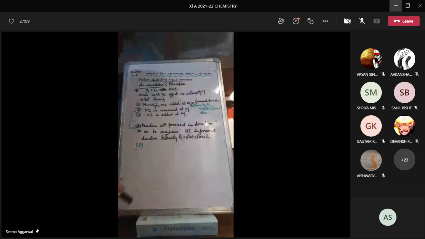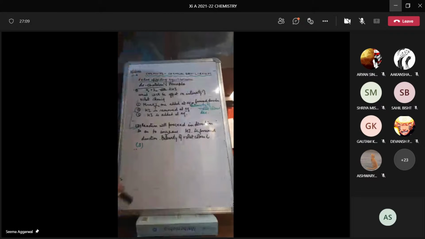Decrease means backward direction. Backward means towards the reactant. So what about the intensity of violet color? It will increase, ma'am.